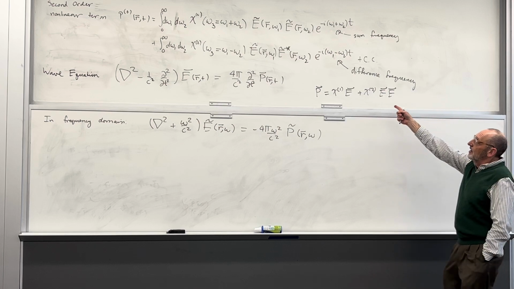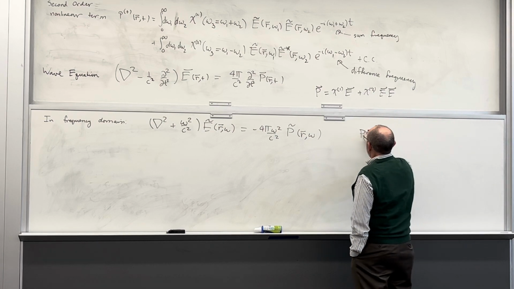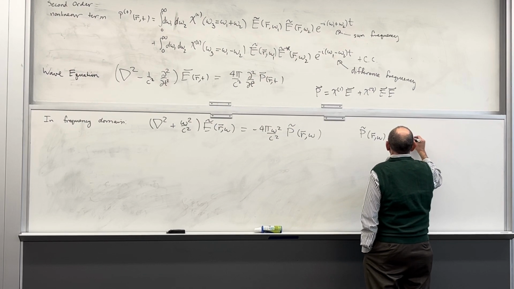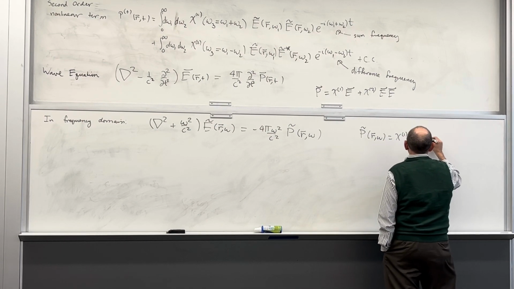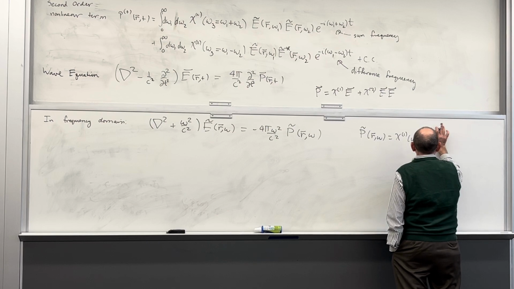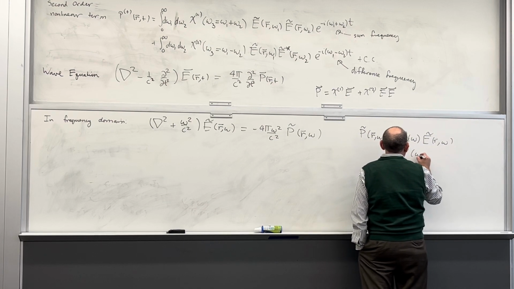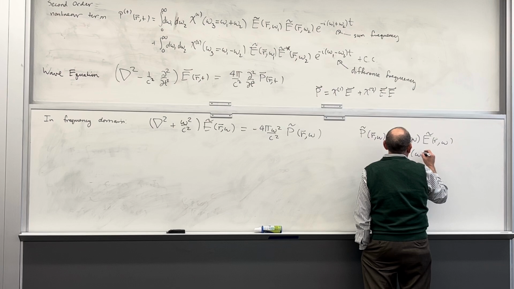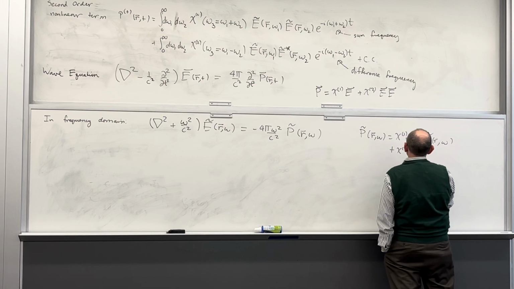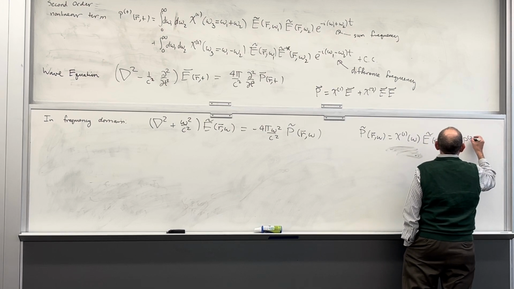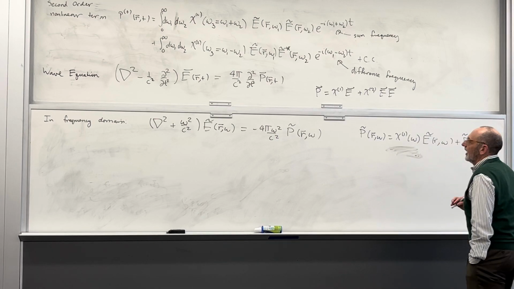And now if I write P tilde as chi1 at whatever frequency times E at that frequency, plus chi2 at some frequency, I'm just going to call it for now, we'll come back to it, plus whatever P2 is due to the nonlinear effect.